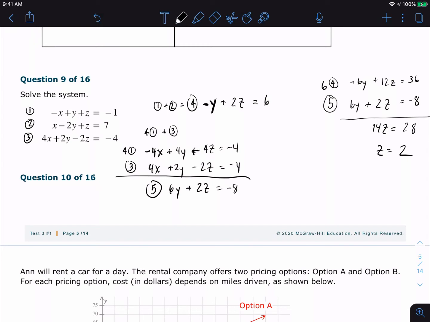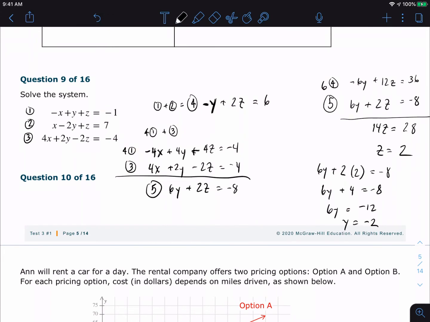So then plugging into 5, I'm going to go 6y plus 2 times 2 is equal to a negative 8. So 6y plus 4 is equal to a negative 8. Subtracting 4 from both sides, I'm going to get 6y is equal to a negative 12, and y is equal to negative 2. And now I have z and y.